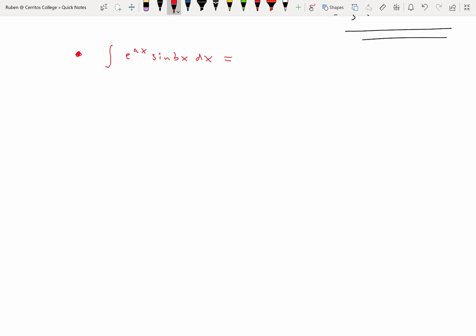The formula for this is a sine bx, the standard formula, minus b cosine bx, the quantity times e to the ax, and this is all over a squared plus b squared, plus a constant.